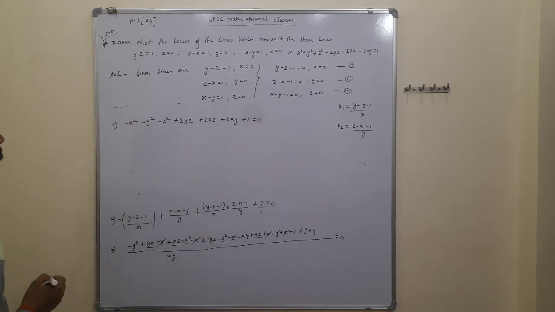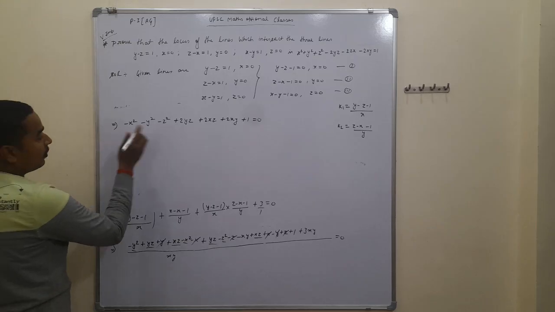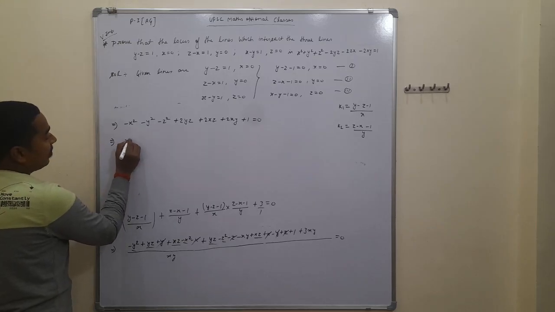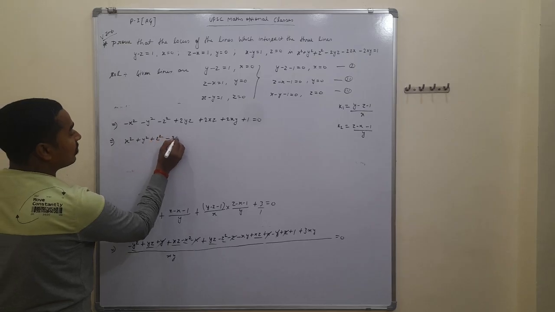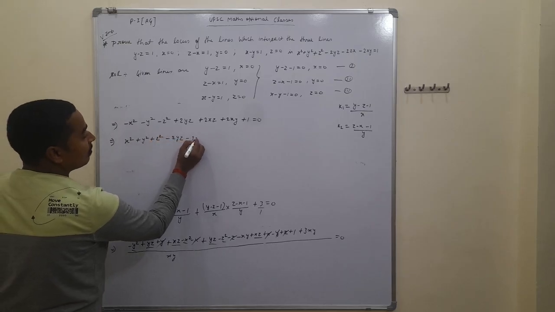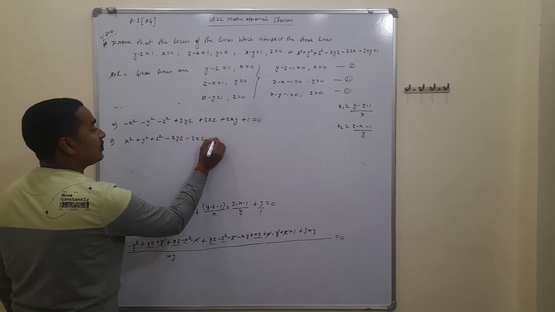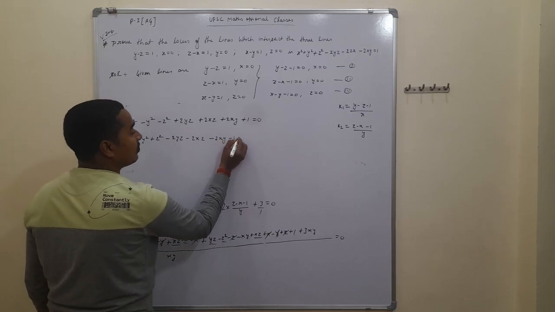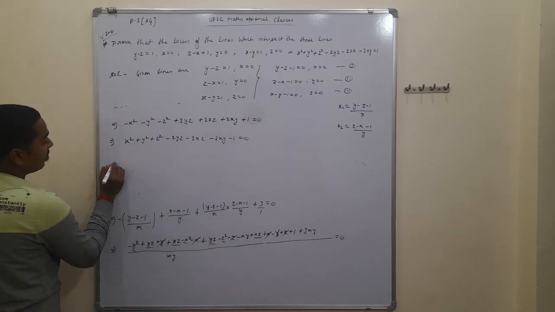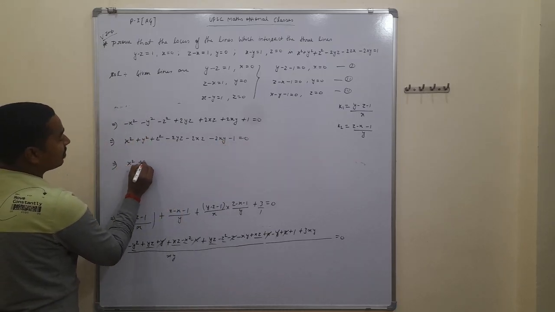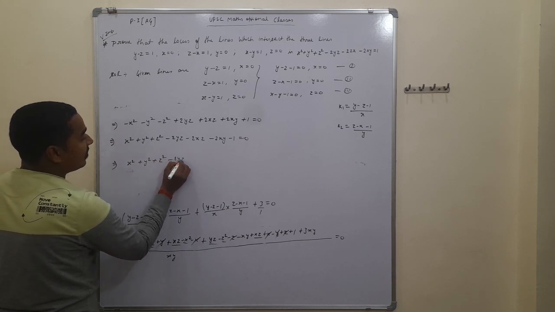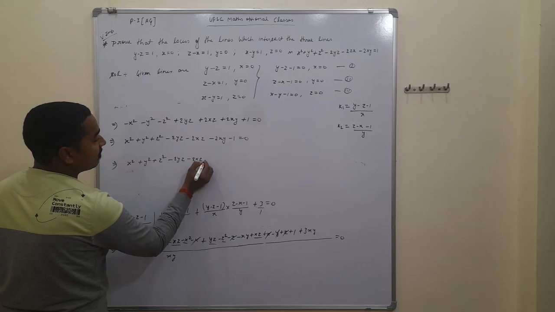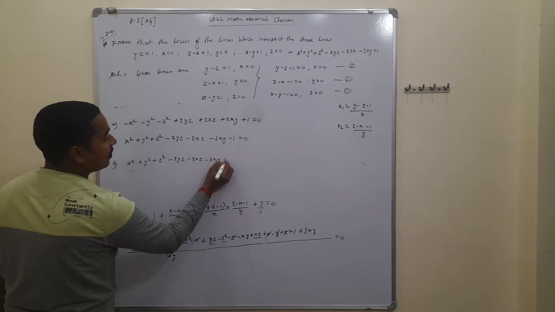From here we have to multiply minus with both sides, that is x square plus of y square plus of z square minus of 2yz minus of 2xz and minus of 2xy and minus of 1 is equal to 0. And further we write x square plus of y square plus of z square minus of 2yz minus of 2xz minus of 2xy is equal to 1.